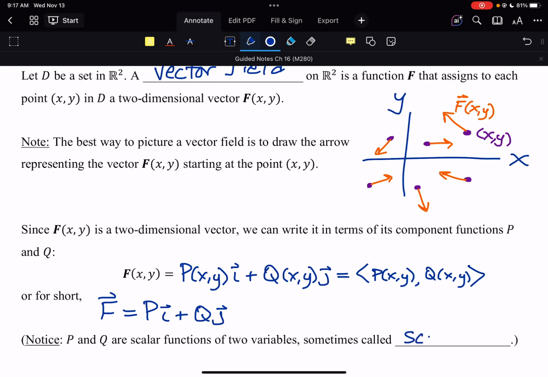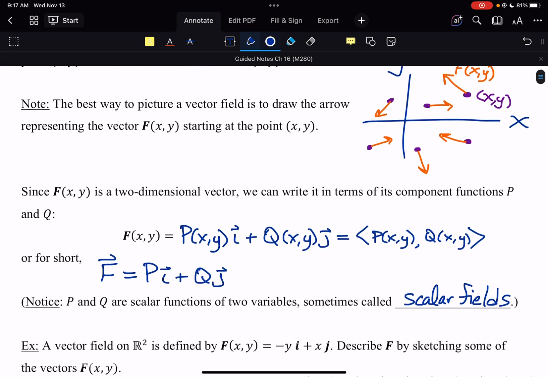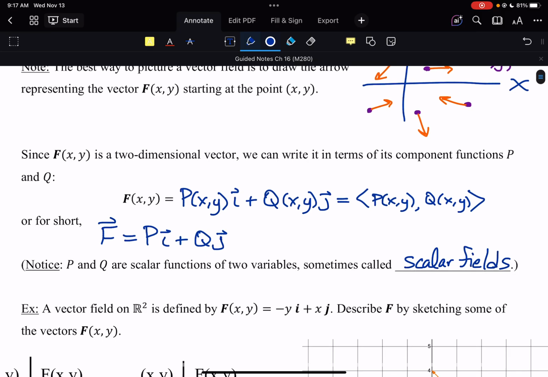Oftentimes these are called scalar fields, because if you pick a point (x, y) to plug into P or Q, you'll get out a number, a scalar. Whereas if you pick a point to plug into F, you get out a vector, hence a vector field.